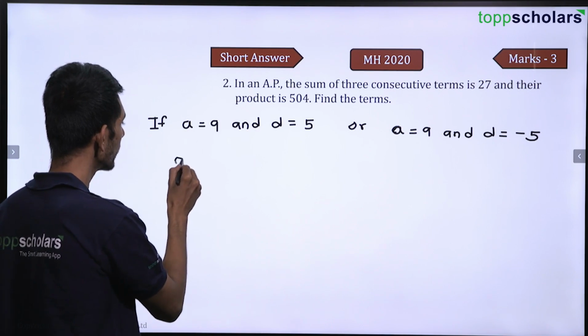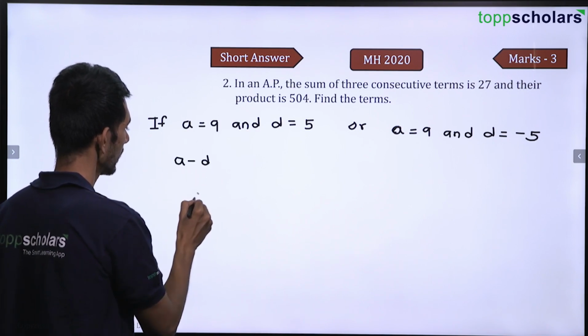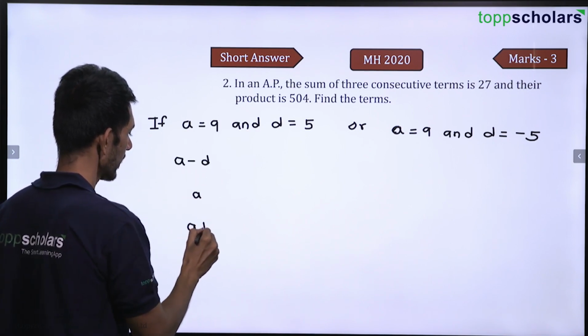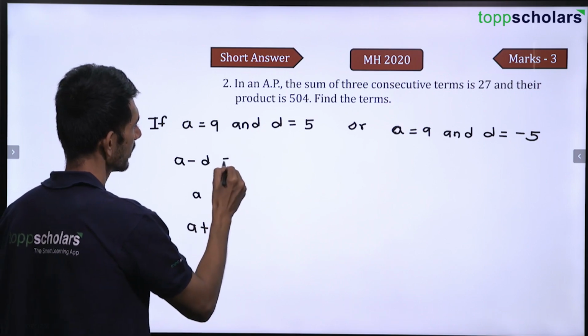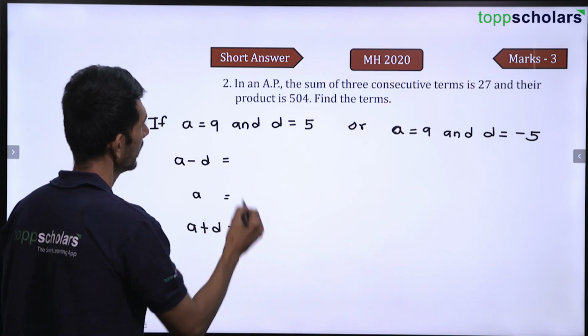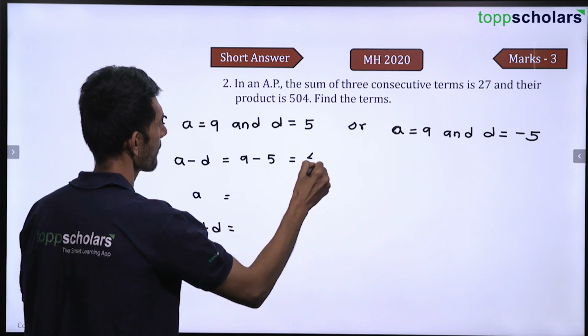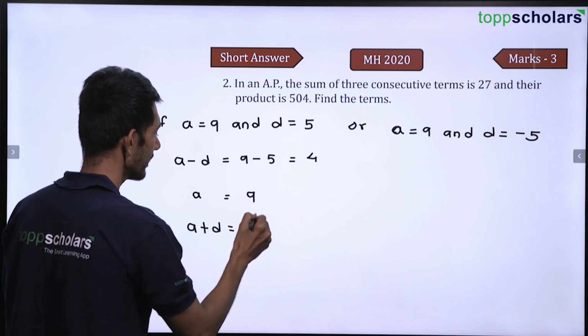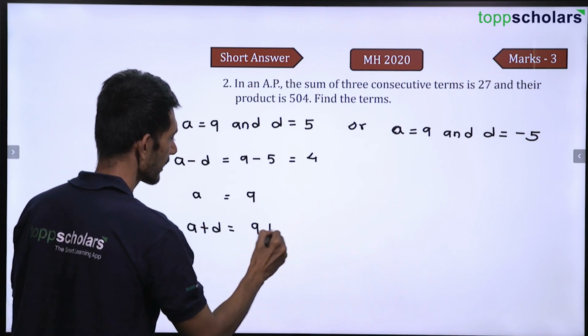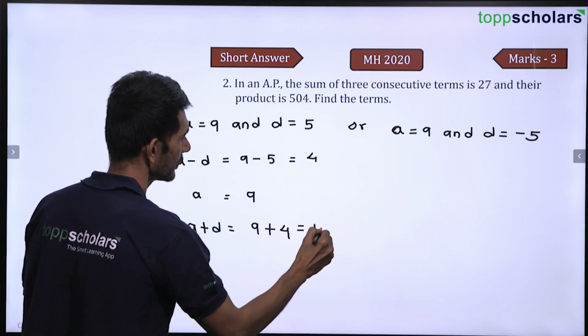So we know the three numbers are a minus d, a, a plus d. A minus d, that is 9 minus 5, which is 4, a, which is 9, a plus d, 9 plus 5, which is 14.